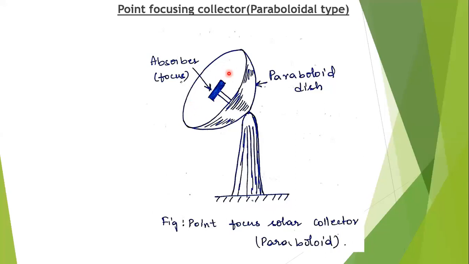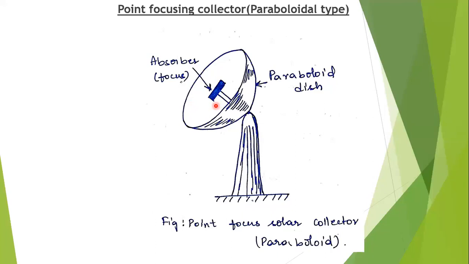Forming this shape, for a 6.6 meter paraboloidal dish, we are taking around 200 curved mirrors.